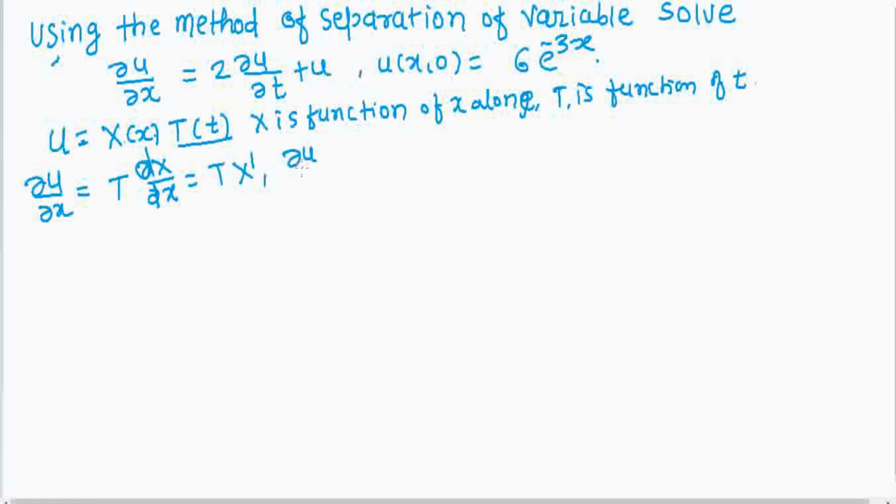Similarly, del u by del t equals, here X is a function of x and is in the multiplication, so it remains as it is, and since T is a function of small t, we have an ordinary derivative, and we have X into T dash.